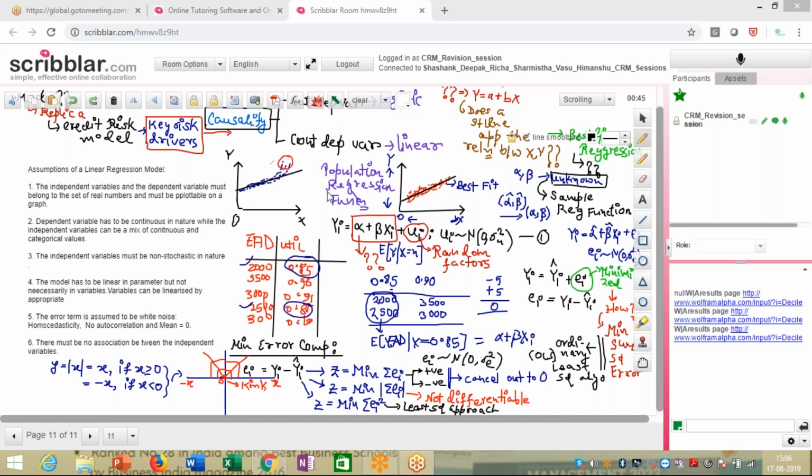Now, what I want to know is how this model would work. So let's start creating the objective function for the least square optimization.